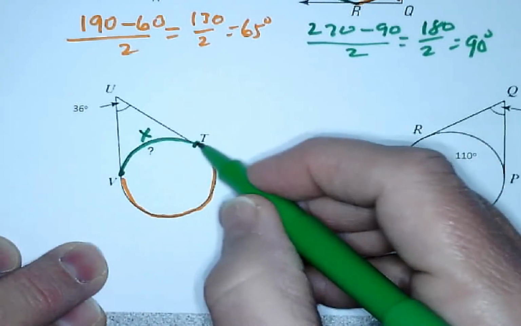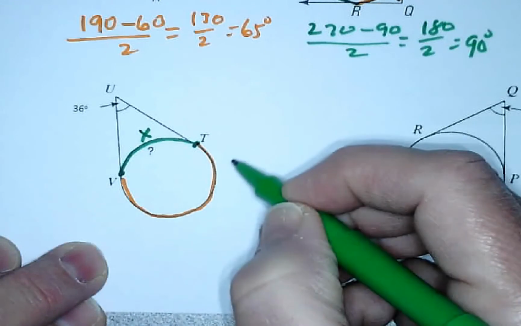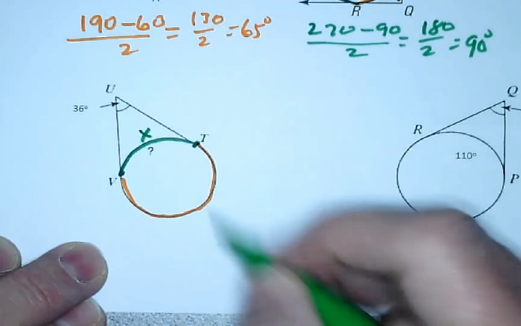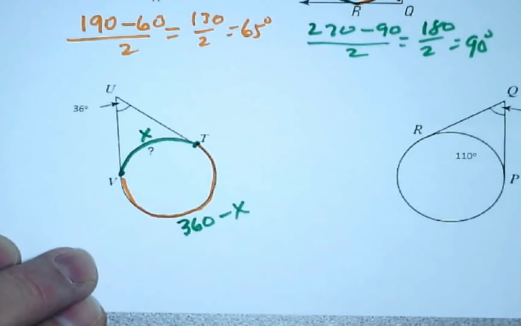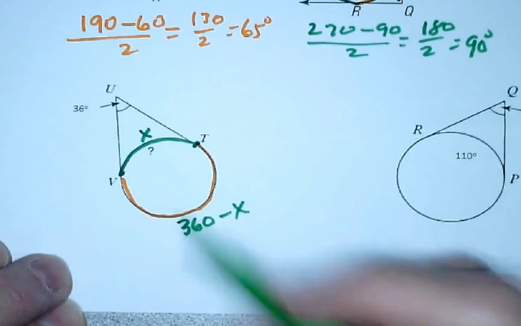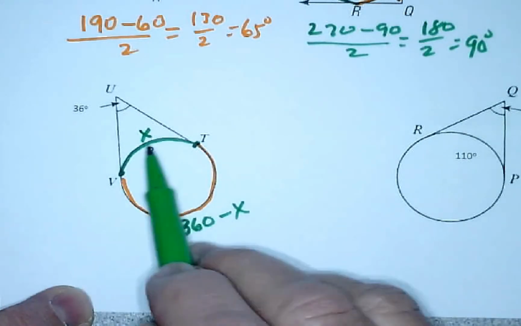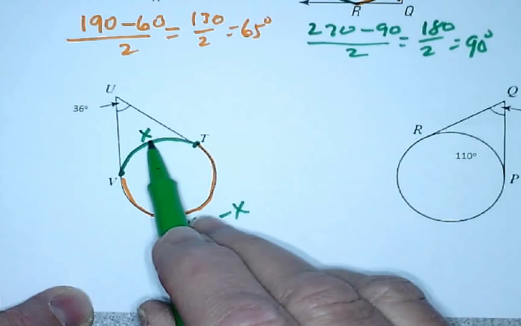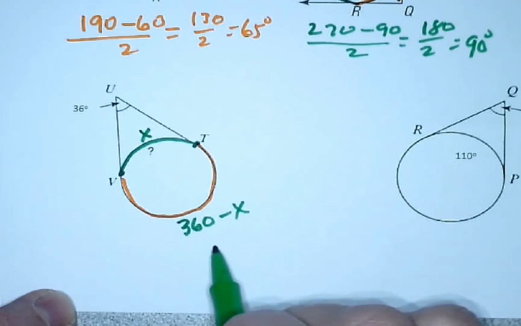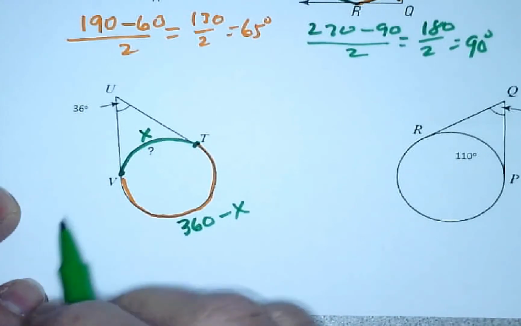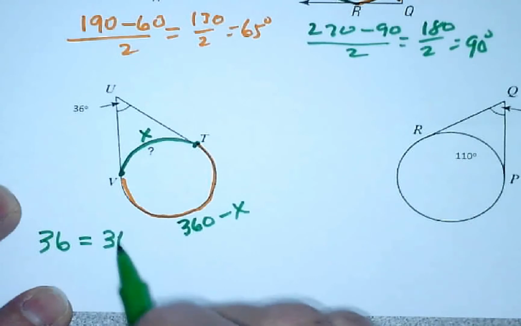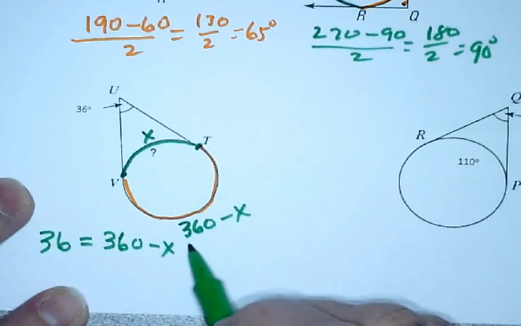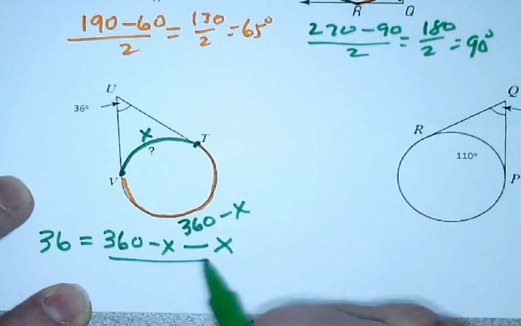And that would mean, how am I going to find this outside arc? Well, all the way around is 360, so this would have to be 360 minus x. So what's our rule say for this angle outside? I'm going to take the two arcs, find their difference, and divide by 2. So that would look like this. The angle equals the arcs, there's the orange one, minus the other one, divided by 2.